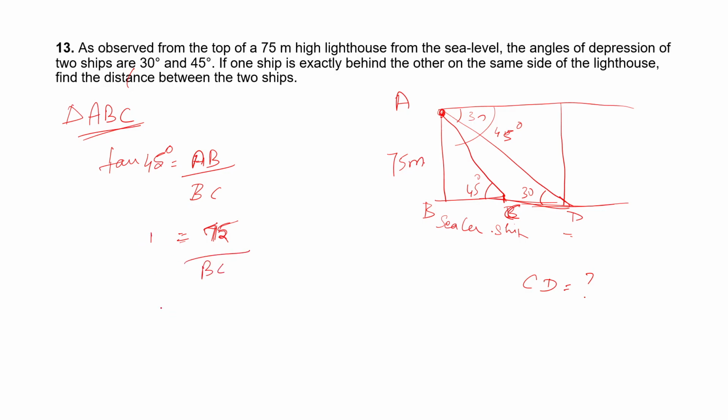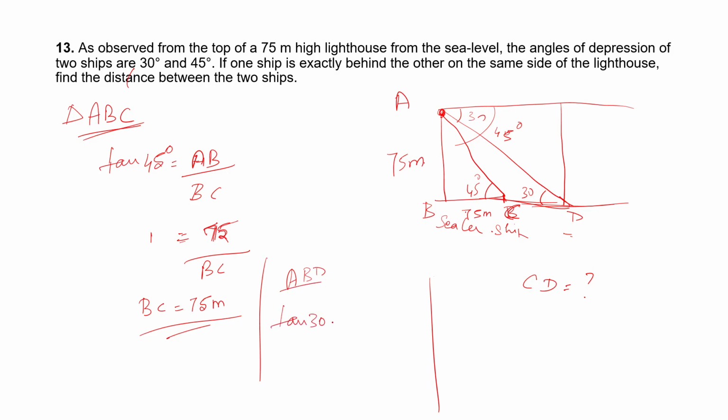So tan 45 is 1, so BC is equal to 75 meter. That is AB by BC, yes, we are getting the same distance as the height. Then in the second triangle, which is the second triangle? ABD.